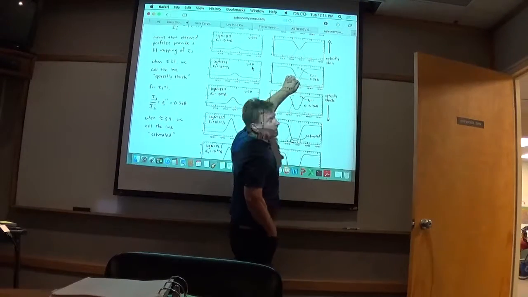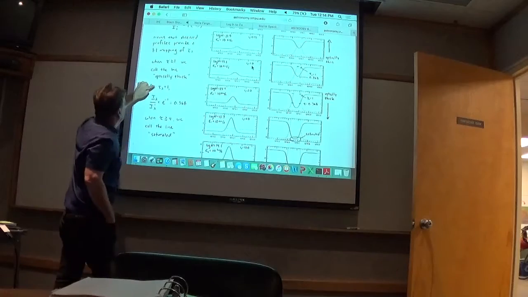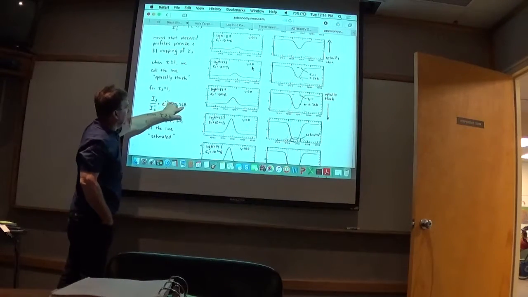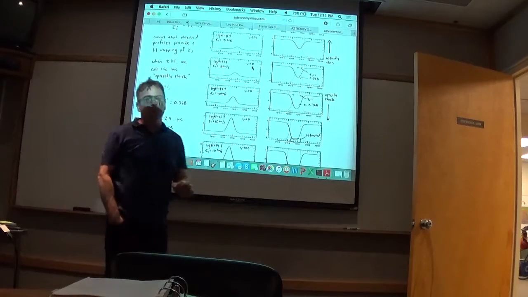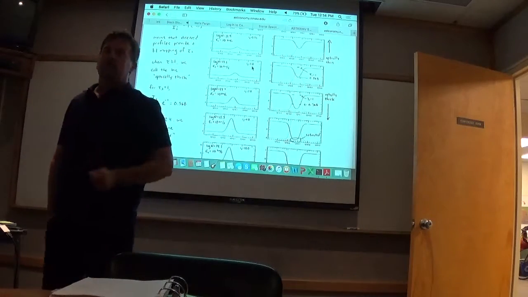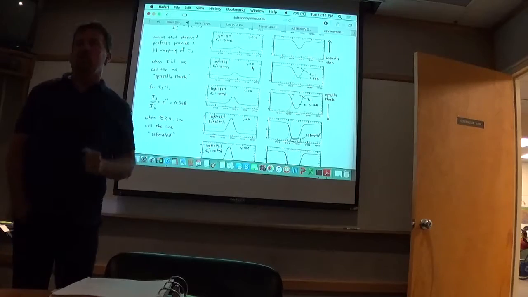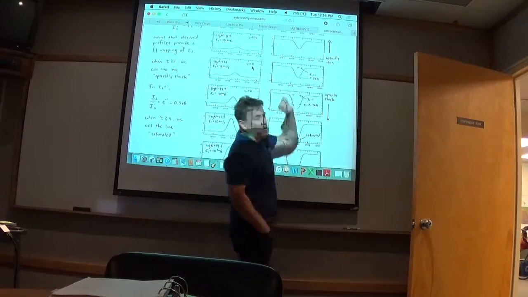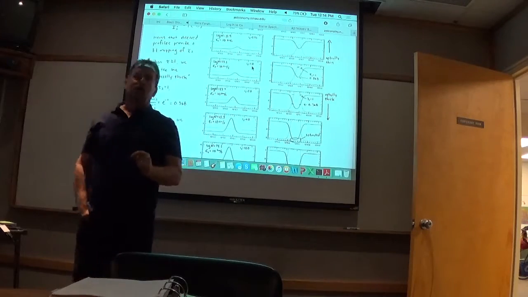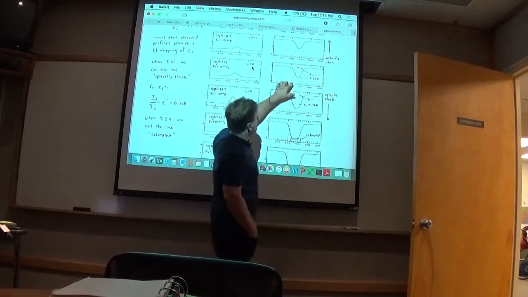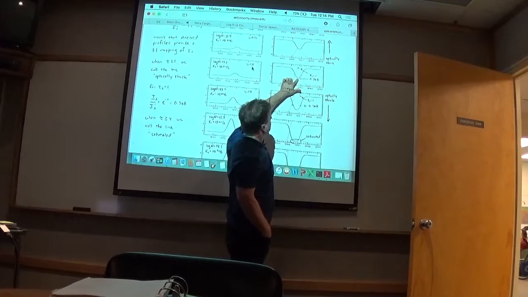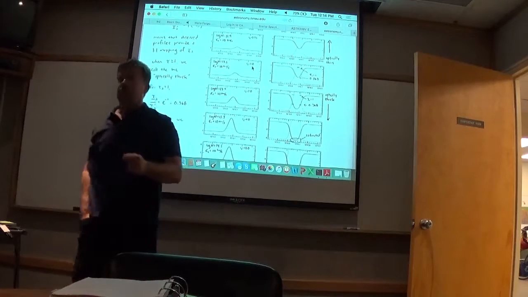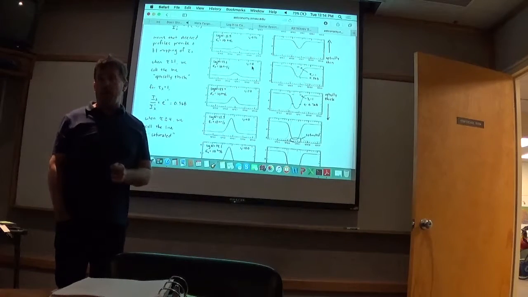0.368. Okay? When tau equals 1, it's equal to e to the minus 1, which is 0.368. So there is your first bullet point for memorization of absorption profiles. When your optical depth is unity in the core, you will have a flux of 0.368 of the total flux at that point in the spectrum.